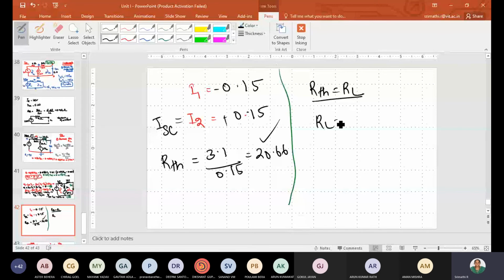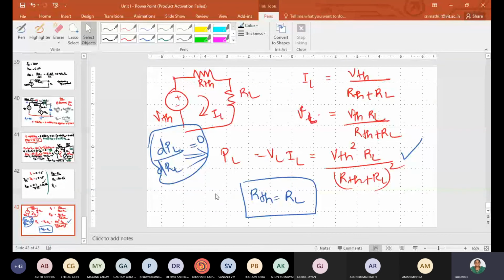And you need to find the maximum power also. What is your PL? When you substitute R Thevenin equal to RL in the power expression, it will be V Thevenin square into RL divided by 2RL square.